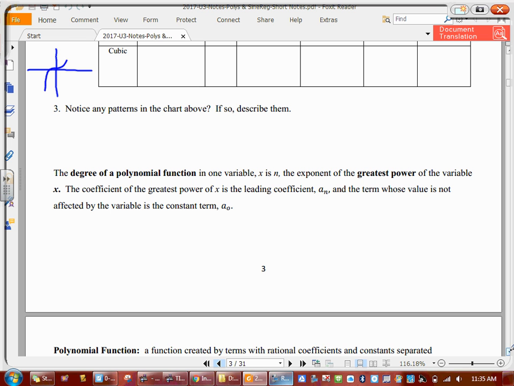So, y equals x cubed is our cubic. It is a degree 3. The end behavior, if it's going up, is 3 to 1, down 2 to 4.